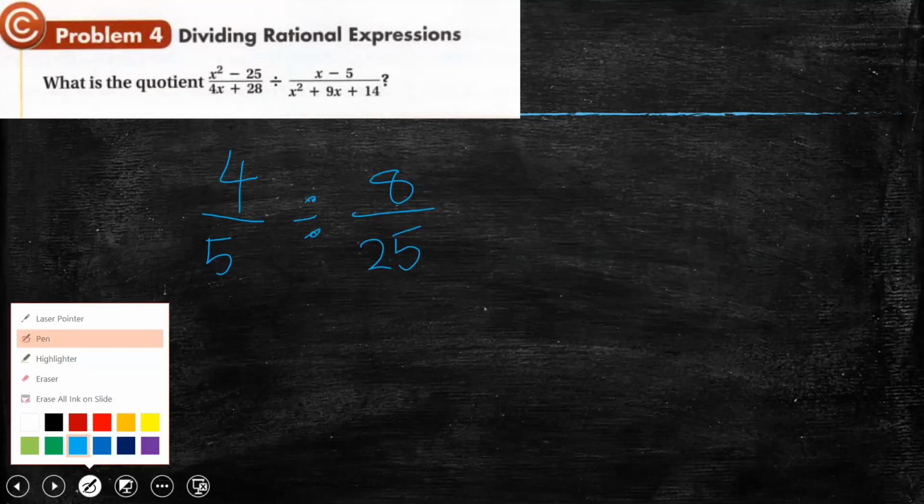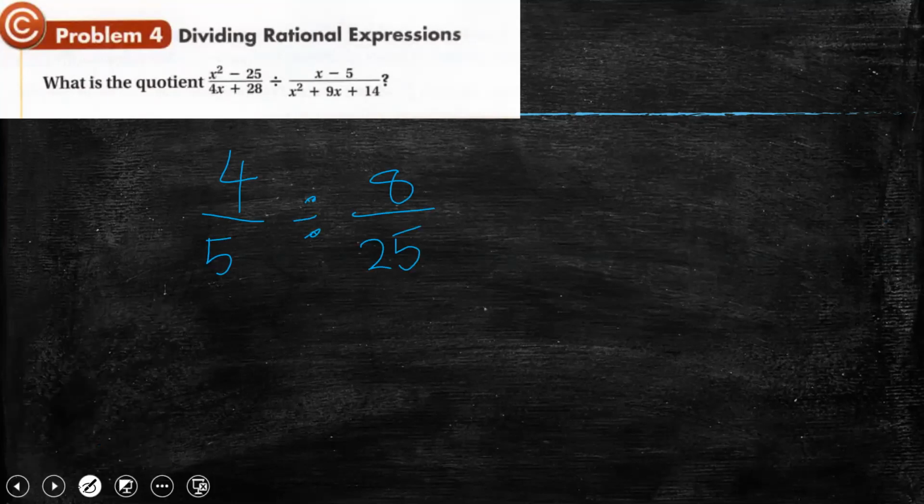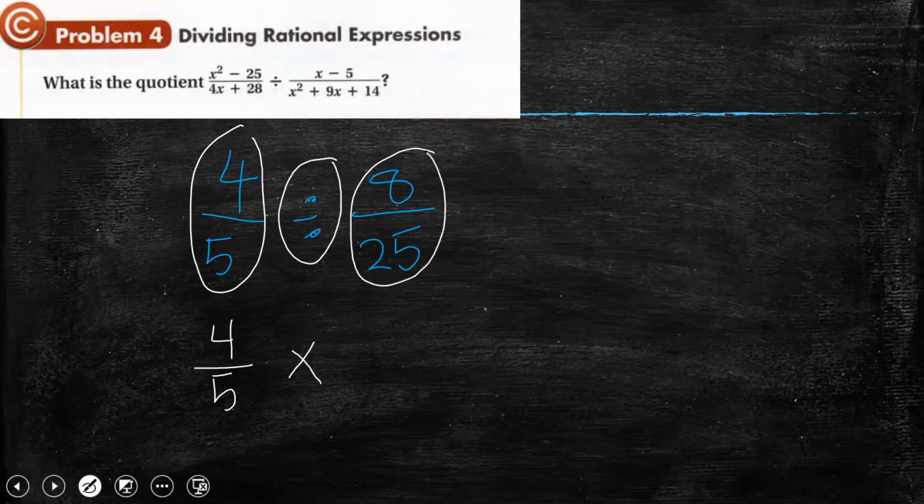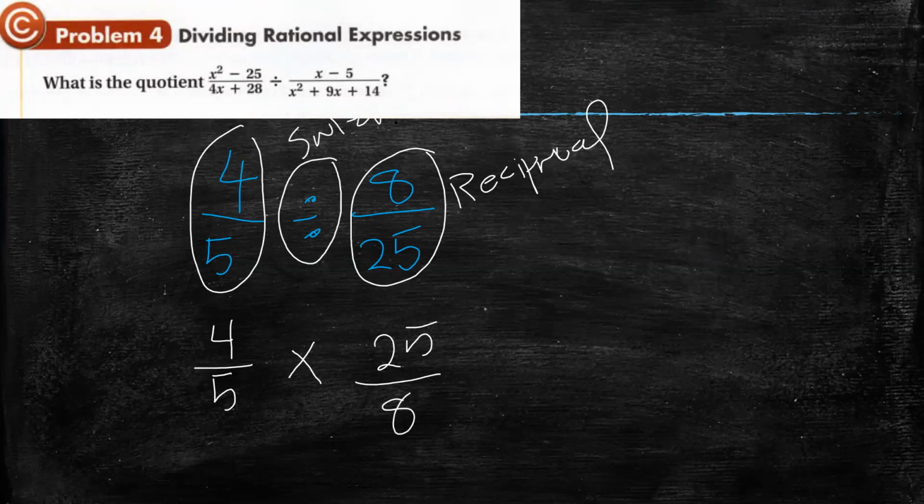What did we do? The first step: keep the first fraction as it is. Then switch the division to multiply. Then write the reciprocal of the second fraction. Here, switch; here, keep it. Yes, teacher.